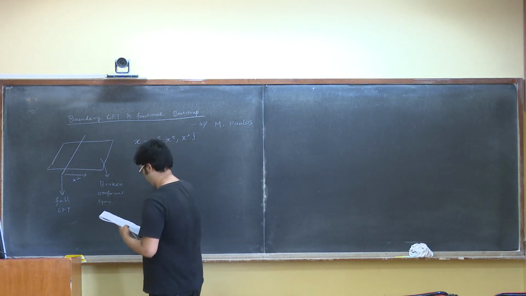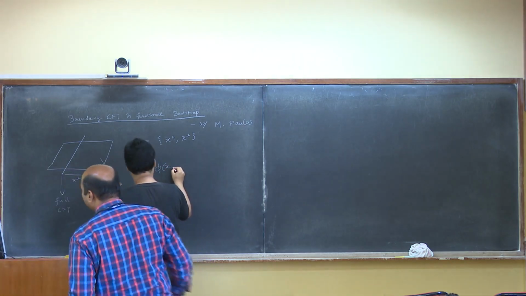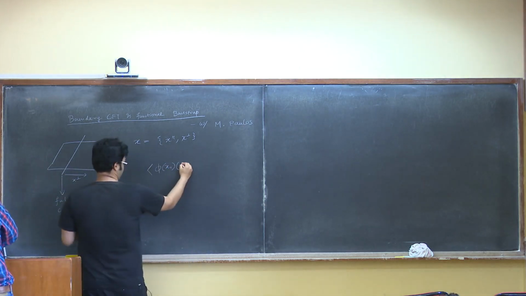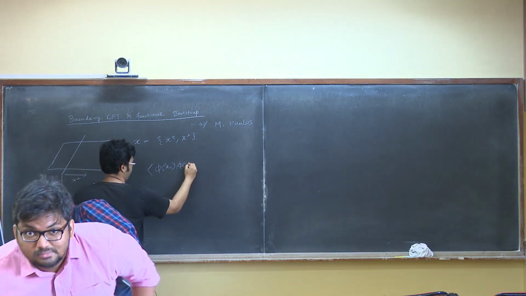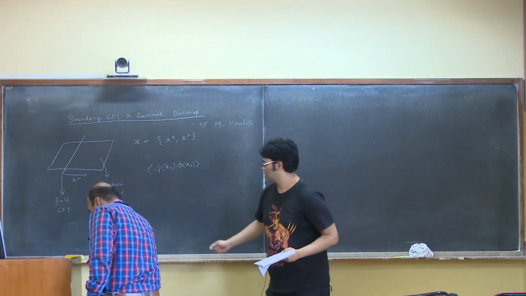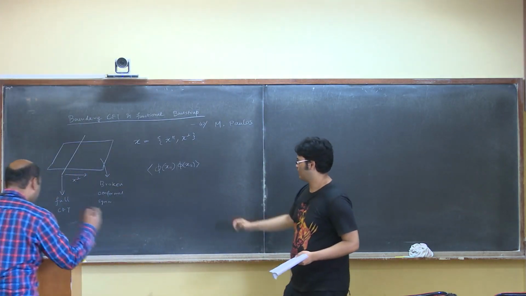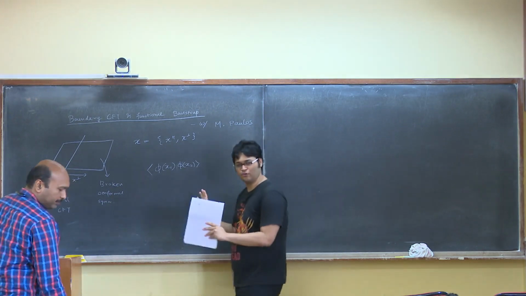So the thing that we need to consider here is a two-point function. I'm considering a two-point function of scalars phi, and in this talk I'll be focusing on only scalars.